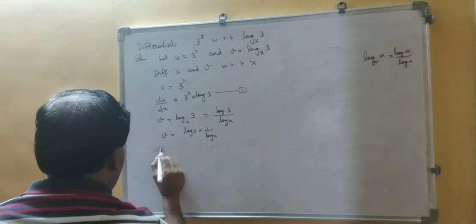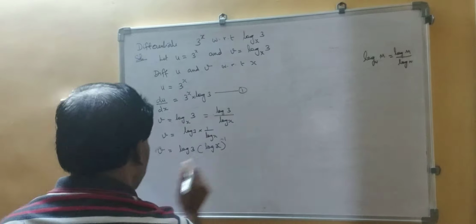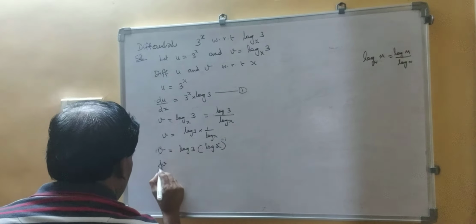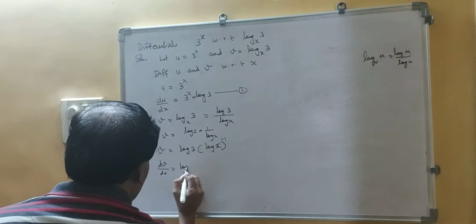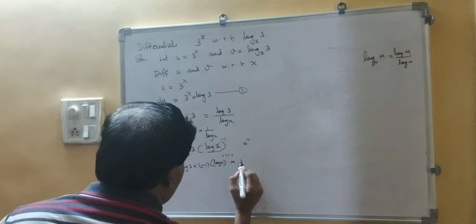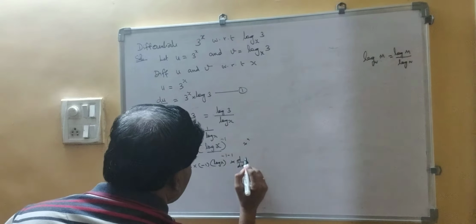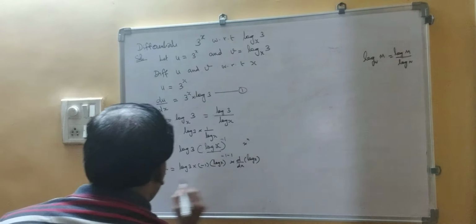So again we will write v equal to log 3 into log x. If you take it to the numerator, the power will be minus 1. So which formula? X to the power n. So dv by dx equal to log 3 into the x to the power n formula: minus 1 into log x to the power minus 2 into the derivative of log x, that is 1 upon x.